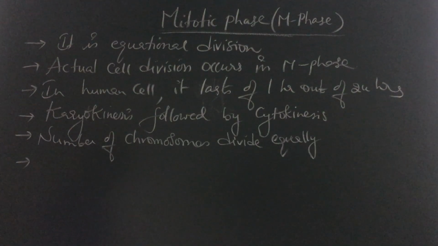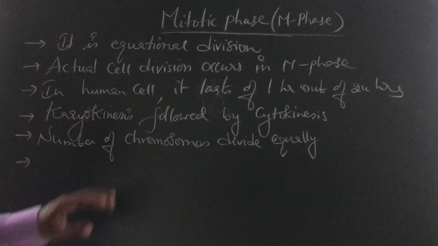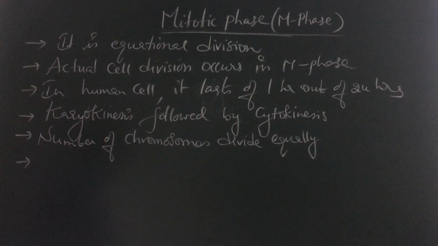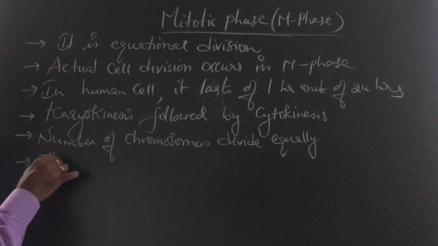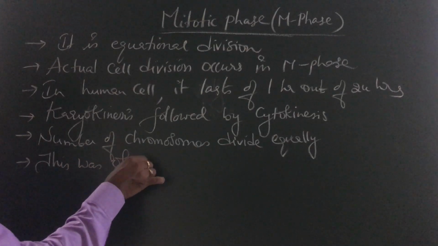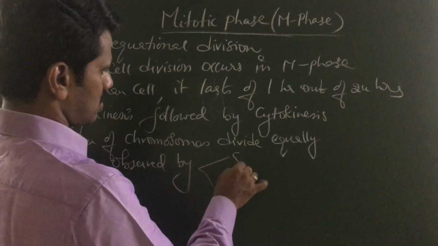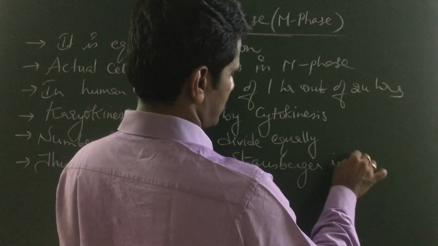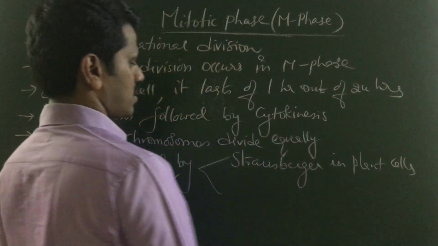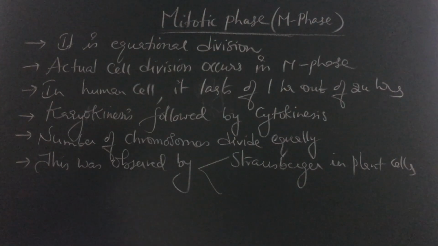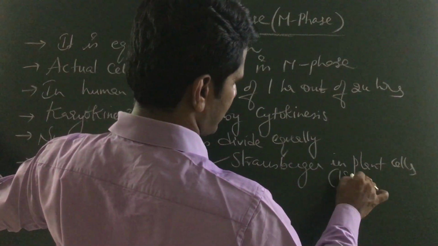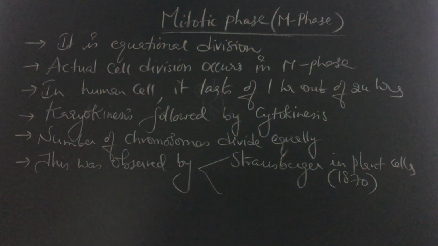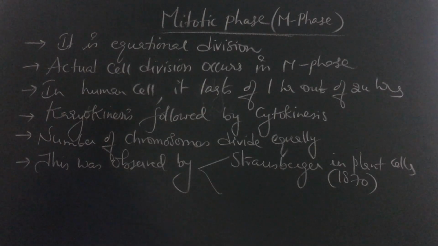Next, this was observed by Strasburger in 1870 in plant cells, whereas in animal cells it was Walter Fleming in 1882.